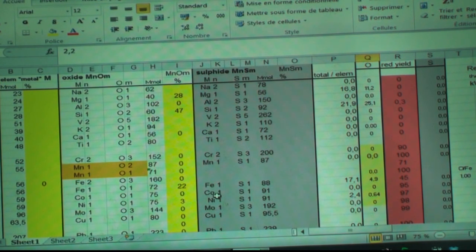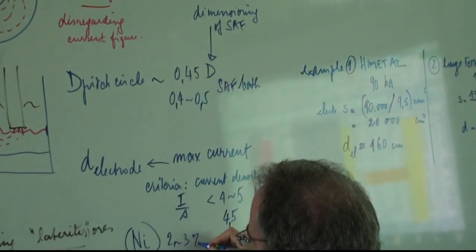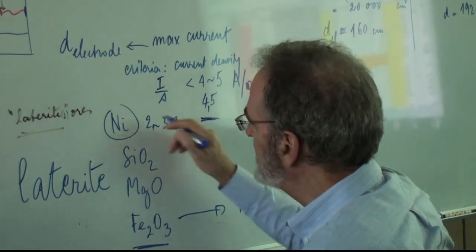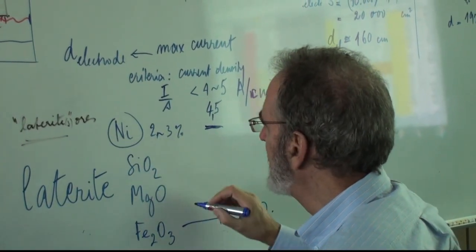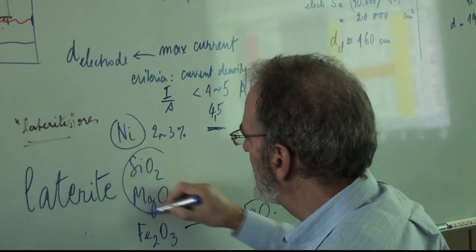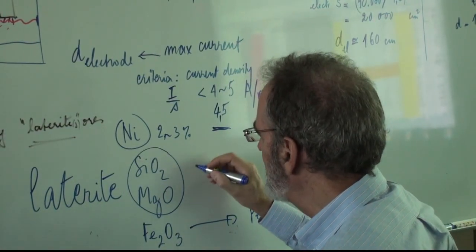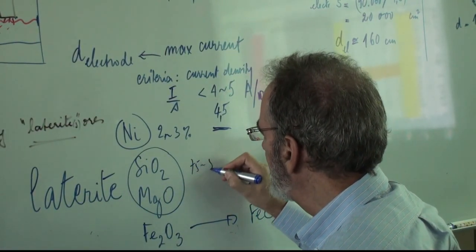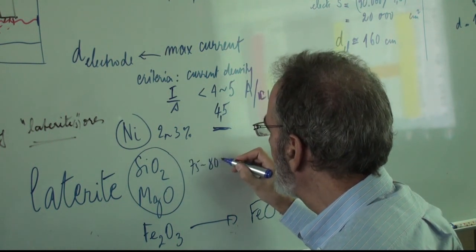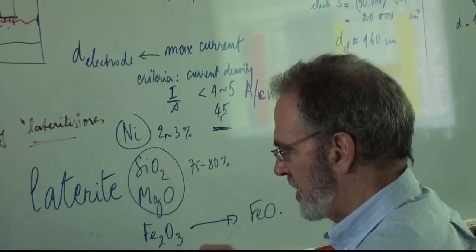The reason is that you have 2 to 3% nickel, sometimes less than 2%. So these two together are 75, 80%. And this is what we call gangue.